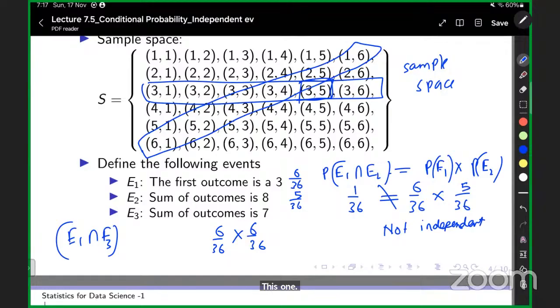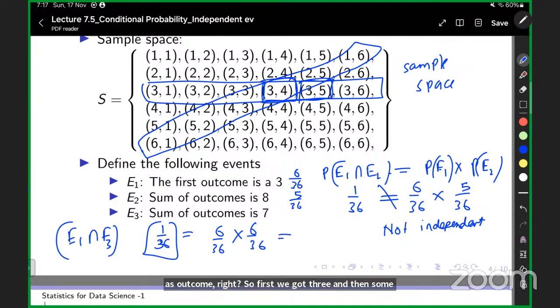And where we'll get the sum as 7 with the first outcome 3, only one case, correct? Which is 1 by 36. Yeah, only one scenario where we'll have E1 intersection E3 as the outcome, right? So first we got 3 and then the sum got 7. So here we got this is independent, right?